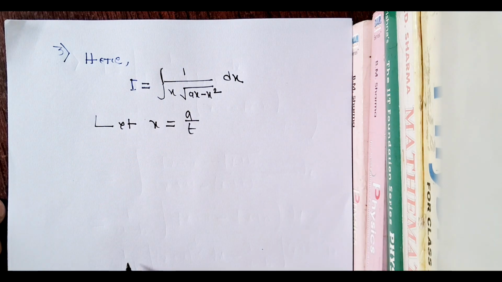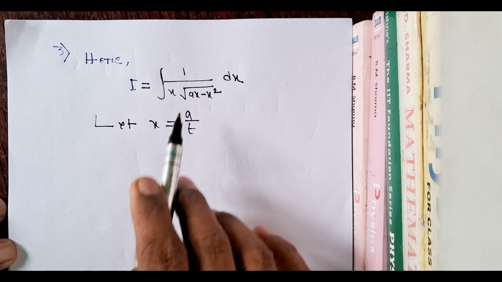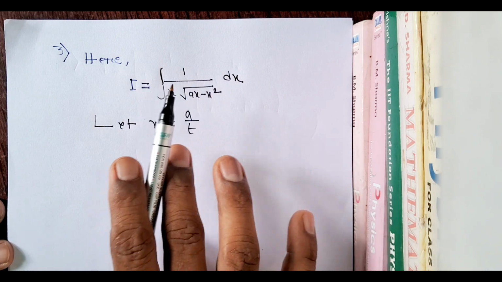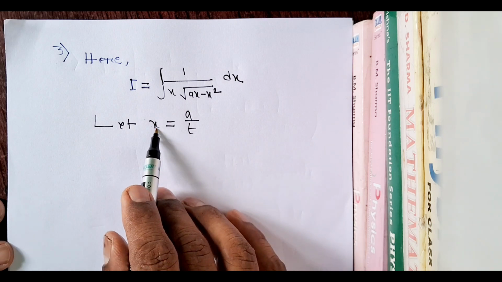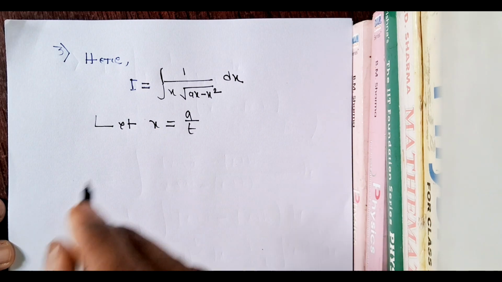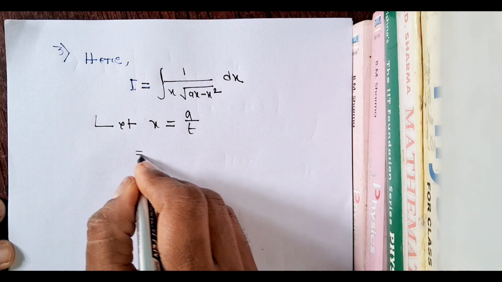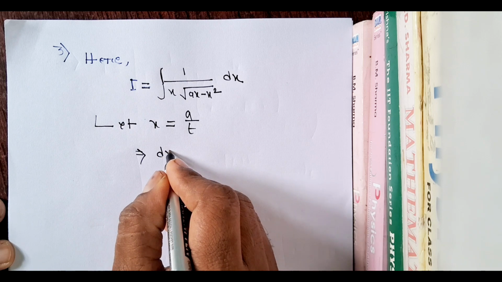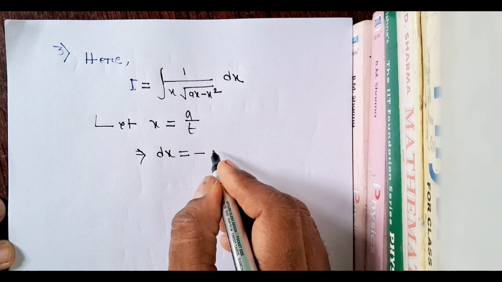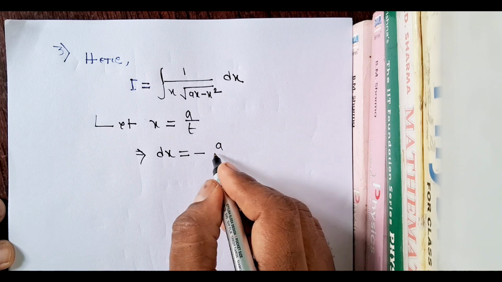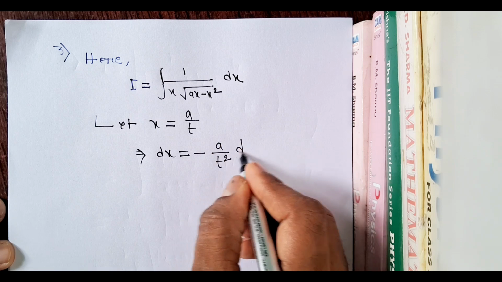This step you have to remember. Then it becomes integrable, or you can say it reduces to a standard integral. Now if x equals a by t, then differentiating with respect to x, dx equals minus a by t squared dt.